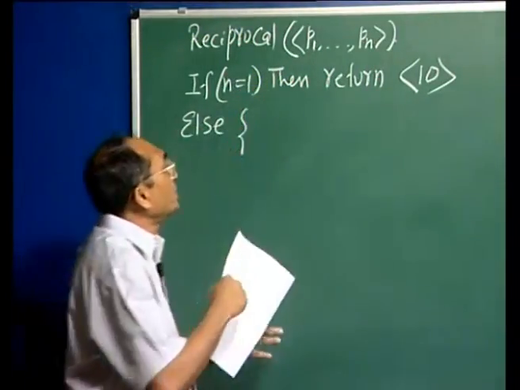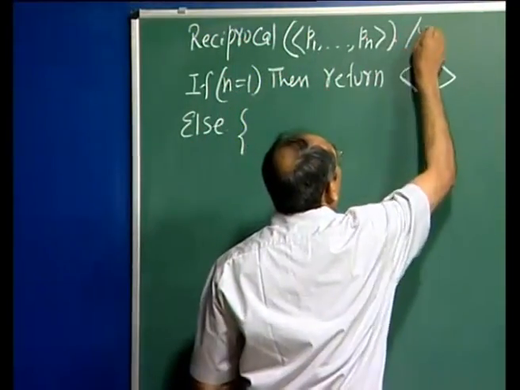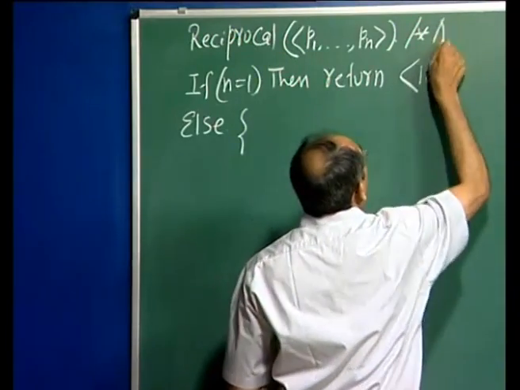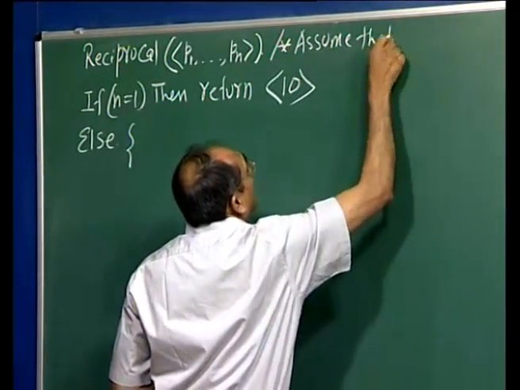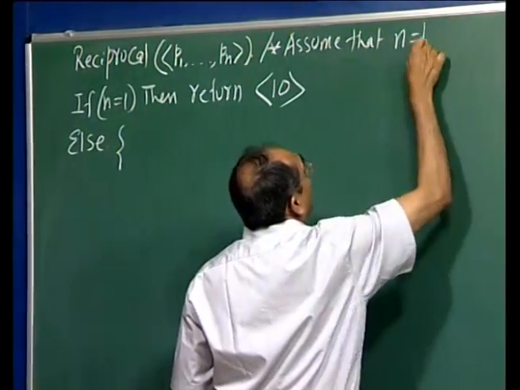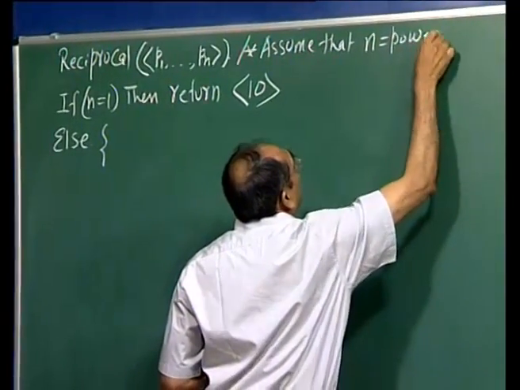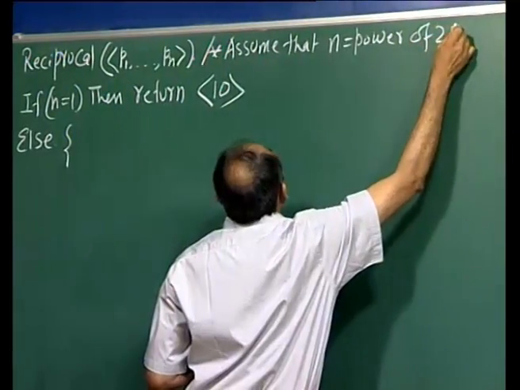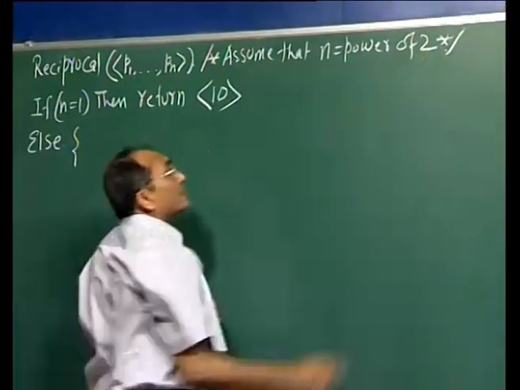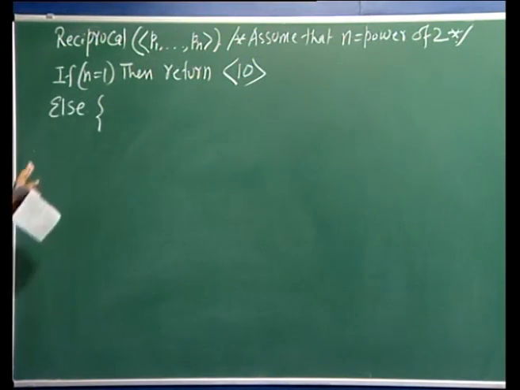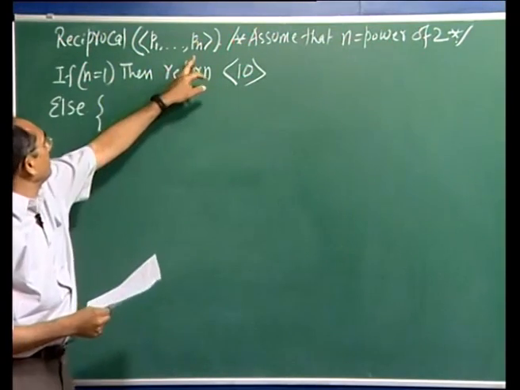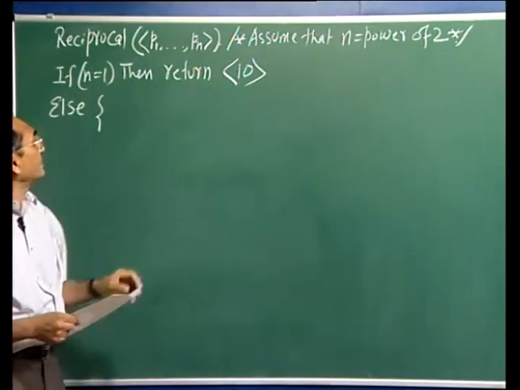Here I assume that n is a power of 2. I will later on address the general case, that is not very difficult to handle. So we'll assume that n is 1, 2, 4, 8, 16 and so on.